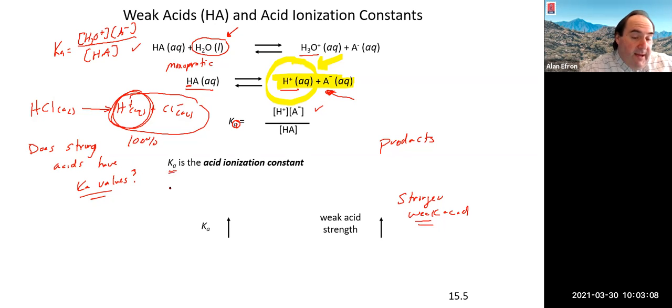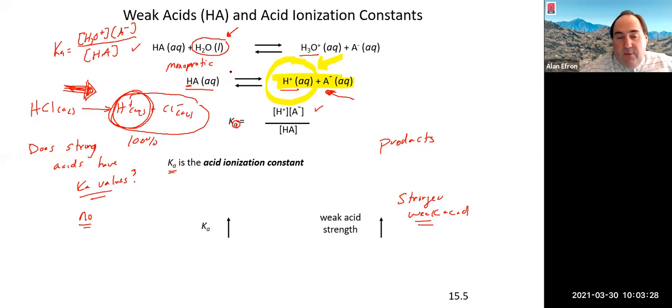Hopefully the answer you would come to is no, right? A strong acid like hydrochloric acid, because it's a strong electrolyte, pretty much is a one-way street, which means it is 100% going to the product side. There is no back and forth, right?